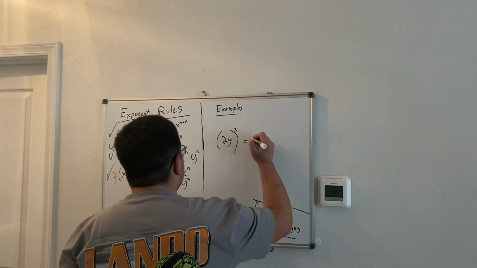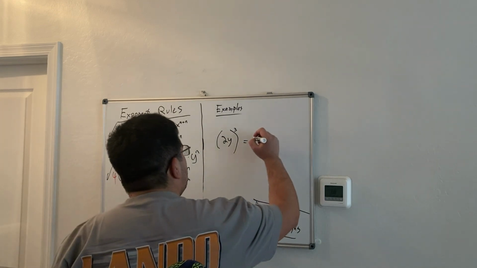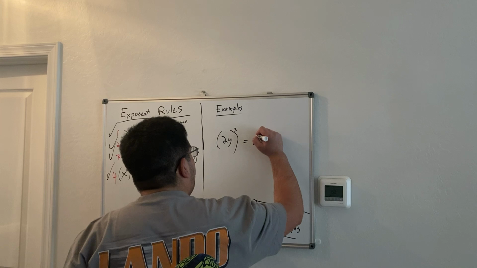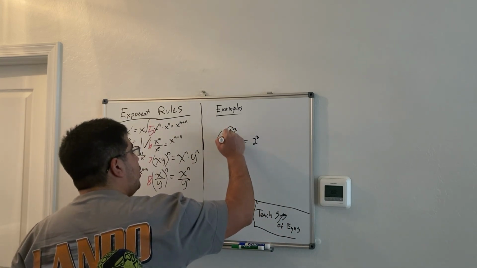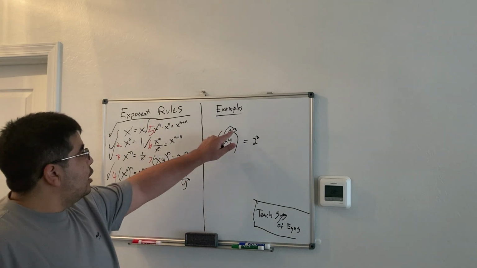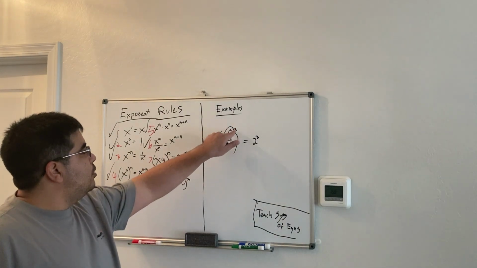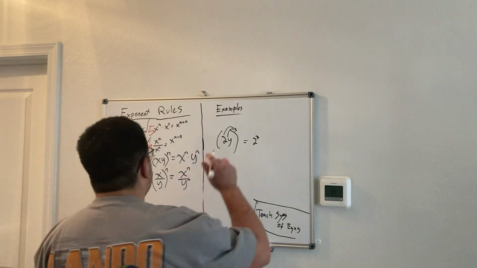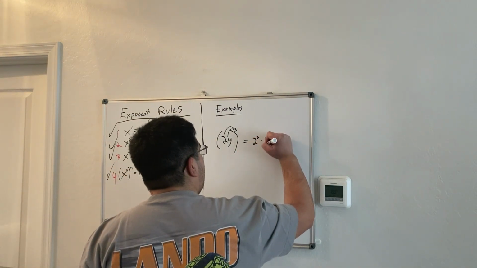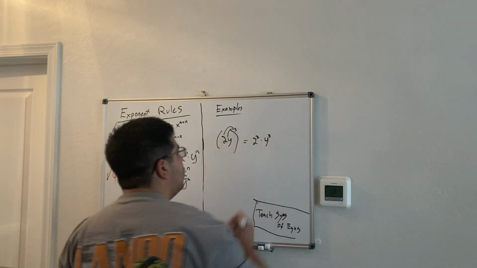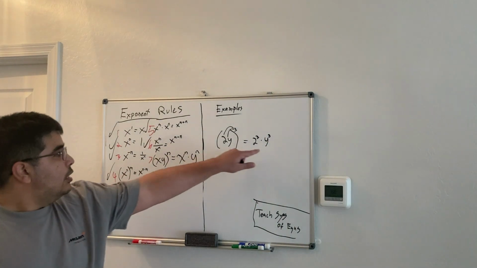What does that equal? That equals 2 to the 3rd power. If you're distributing, that distribution goes to everything, right? That exponent goes to the 2, and the exponent goes to the y. So it goes to the 2 times y to the 3rd power. You see that? That's what happens.